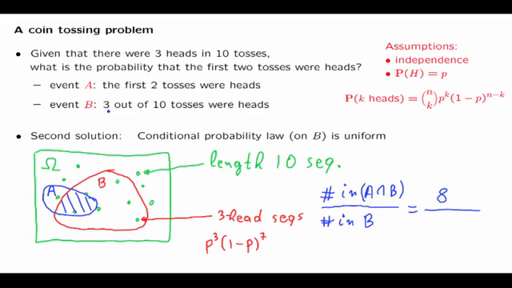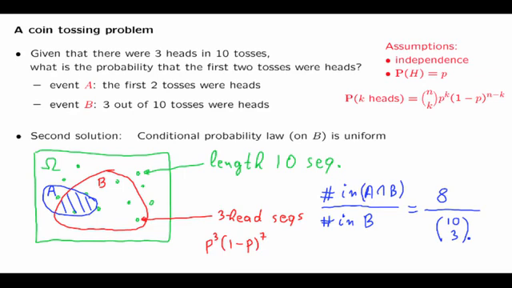How many 3-head sequences are there? Well, the number of 3-head sequences is the same as the number of ways that we can choose three elements out of a set of cardinality 10, and this is 10 choose 3, as we also discussed earlier. So this is the same answer as we derived before with our first approach.